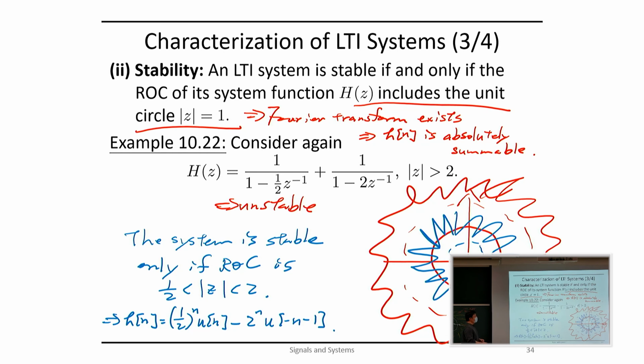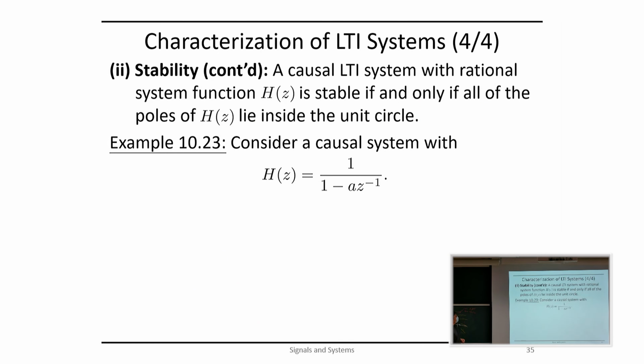So this is the statement given here: a causal linear time invariant system with rational function is stable if and only if all of the poles lie inside the unit circle. So this is a simple example. You have a pole at A. If the system is causal, then this must be right-sided.